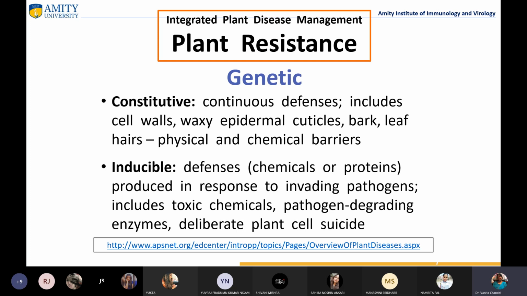What happens when a pathogen infects a plant? Around that area, the plant makes those cells die. They become necrotic. Necrosis is generated by the plant's defenses, so that area becomes dead and the pathogen is not able to move further.